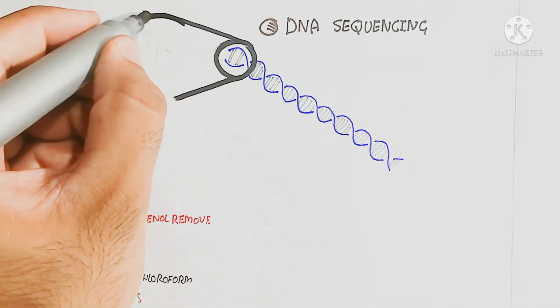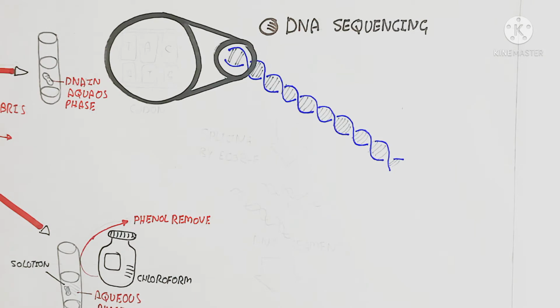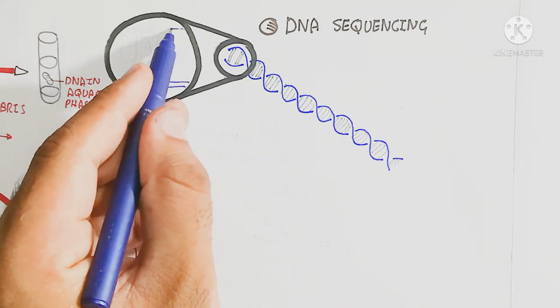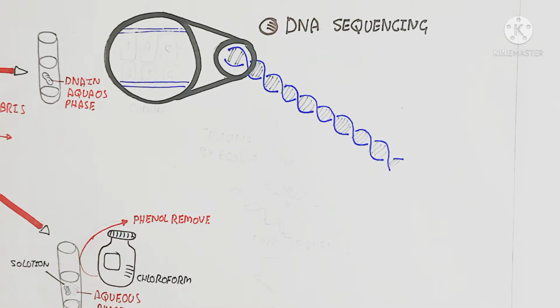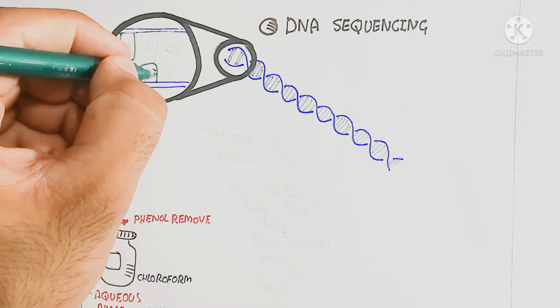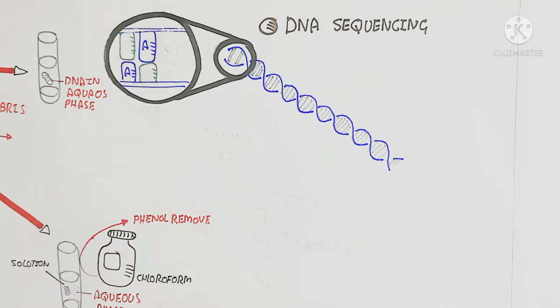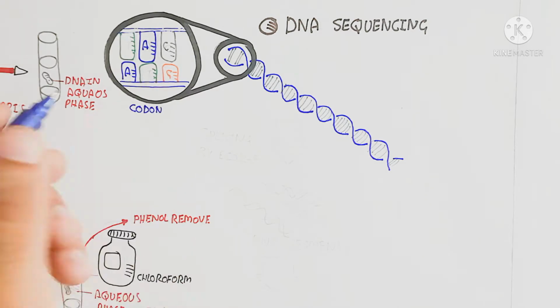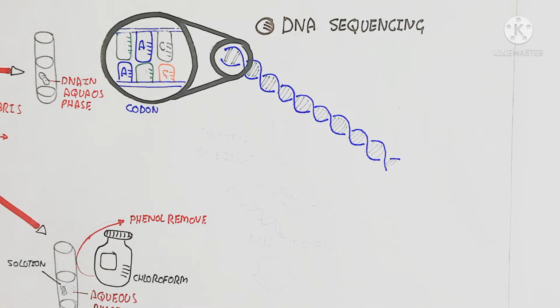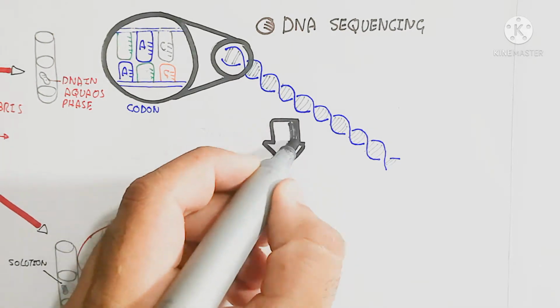The DNA contains many codons with adenine, thymine, cytosine and guanine, the four bases present in the form of pairs. Adenine is always attached with thymine, and guanine is always attached with cytosine. After the segmentation, the DNA is split into segments.